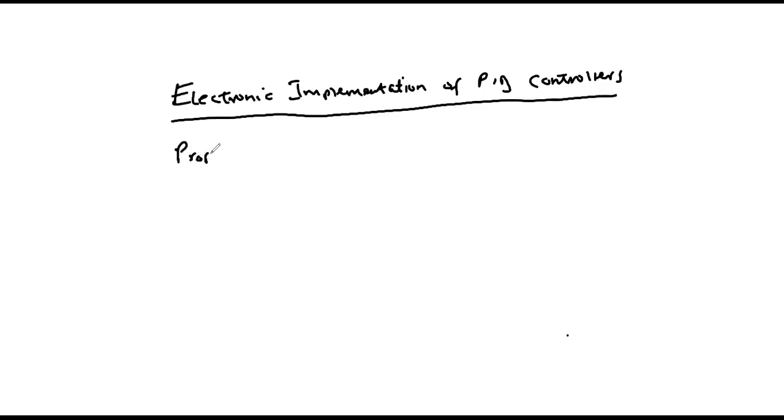We start with the proportional controller. We use the operational amplifier as an inverting amplifier in two stages as follows.